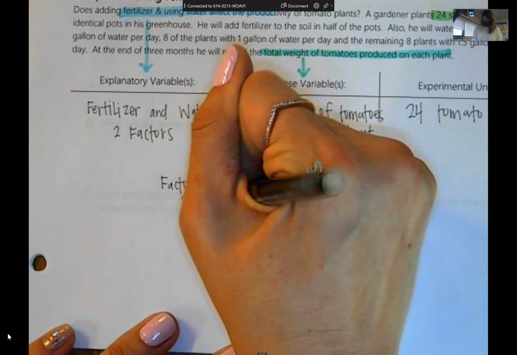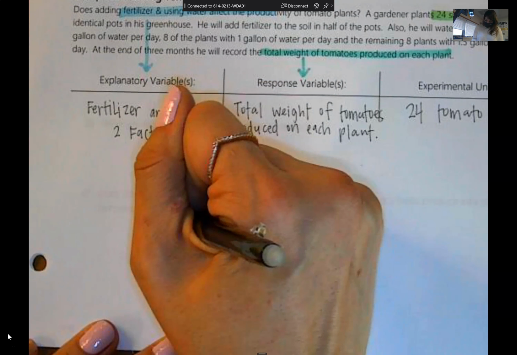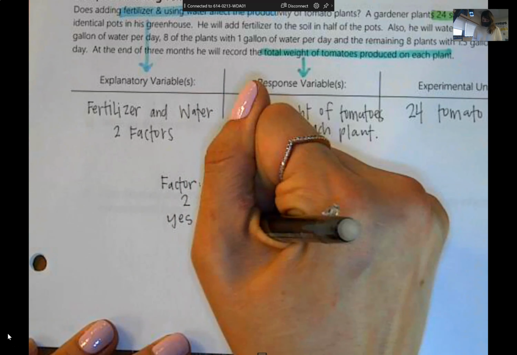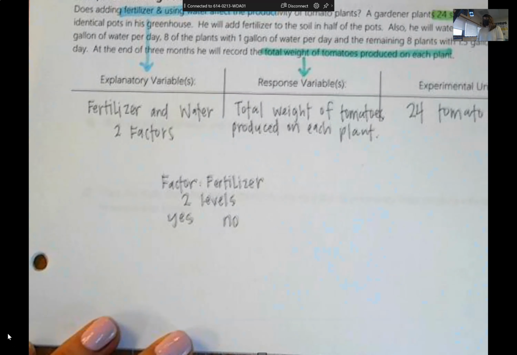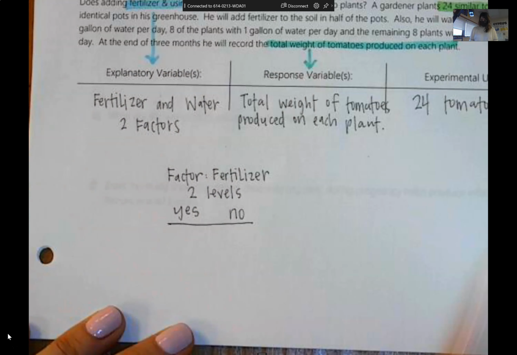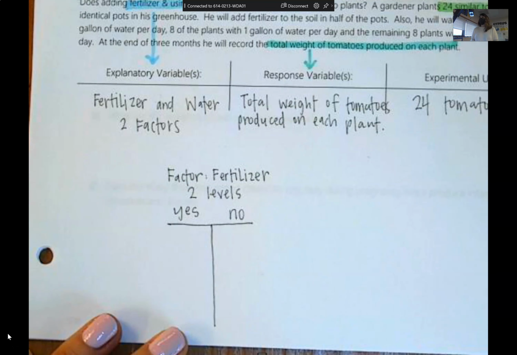There are 2 levels of fertilizer. Either the plant got the fertilizer, so yes, or it did not. So no. That's the first part of my table.